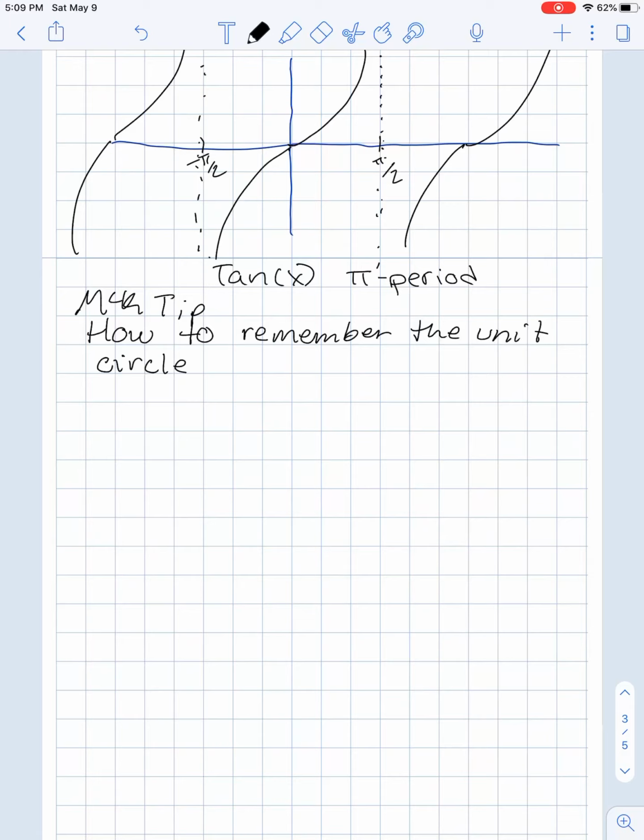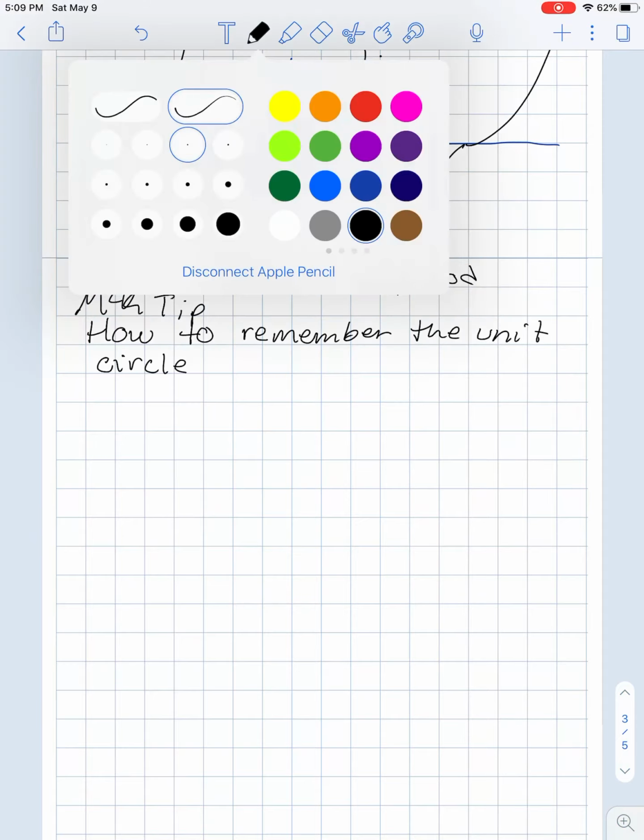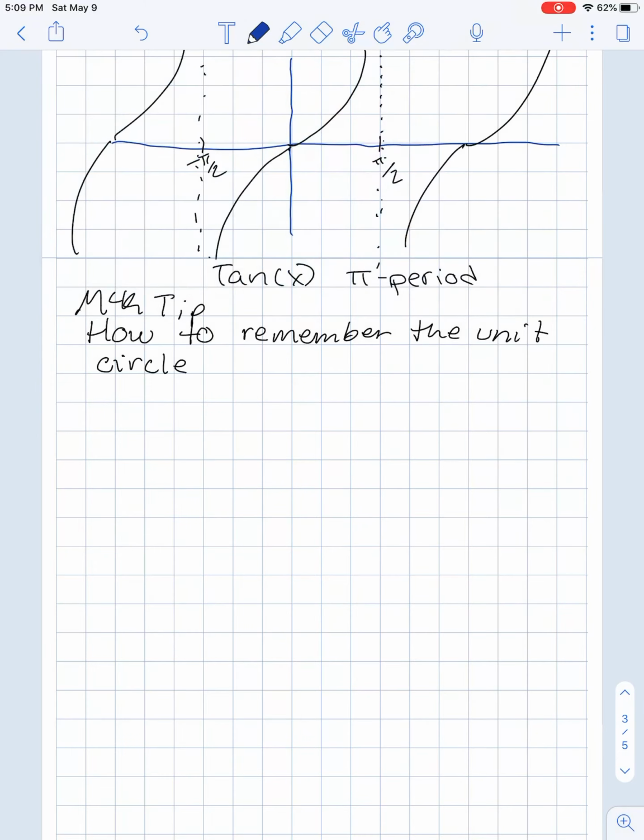So if you look at your hand, I like to look at my left hand, it should kind of look like this. So if I could draw this right, hold on.